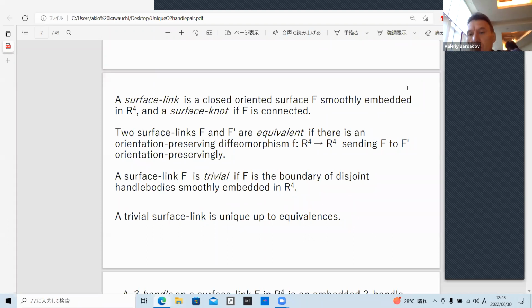Is it true that we have a finite number of generators and finite number of relations for two-dimensional braids? For the classical braid group B_n of n strings, we have a finite number of generators and relations. Is it true for two-dimensional braids?